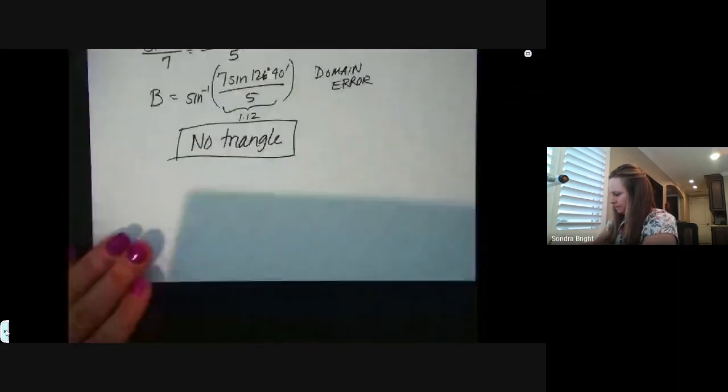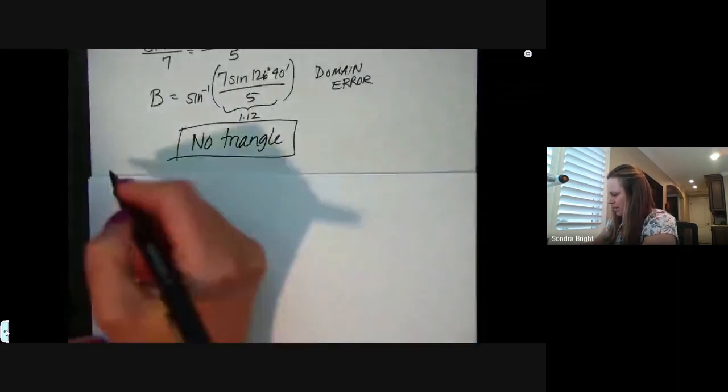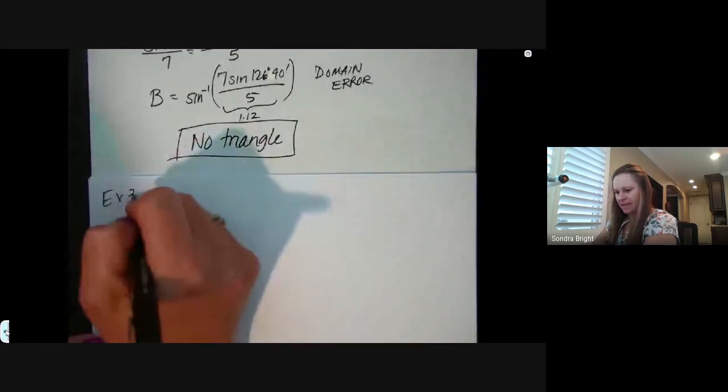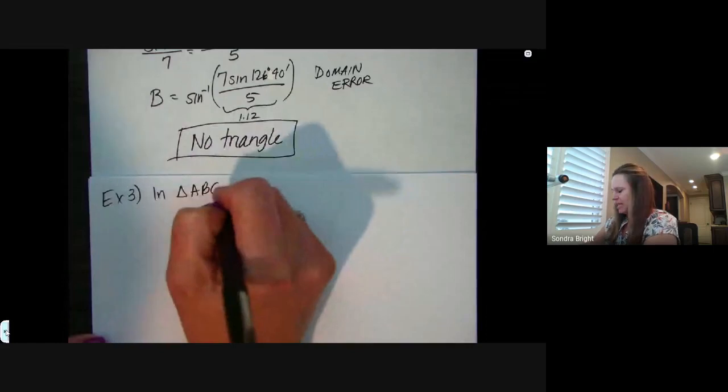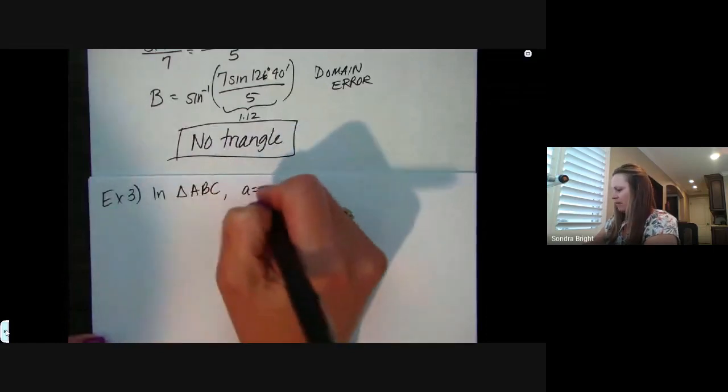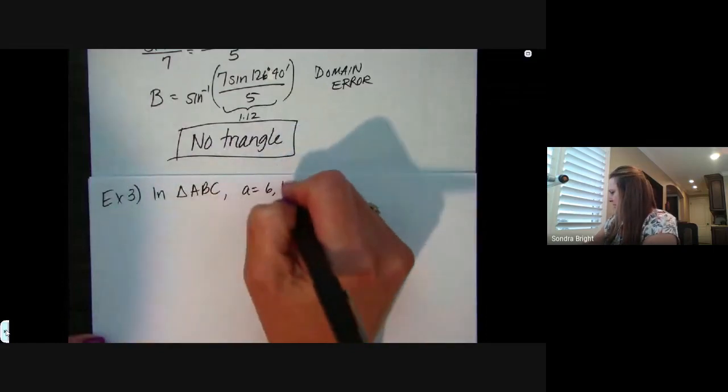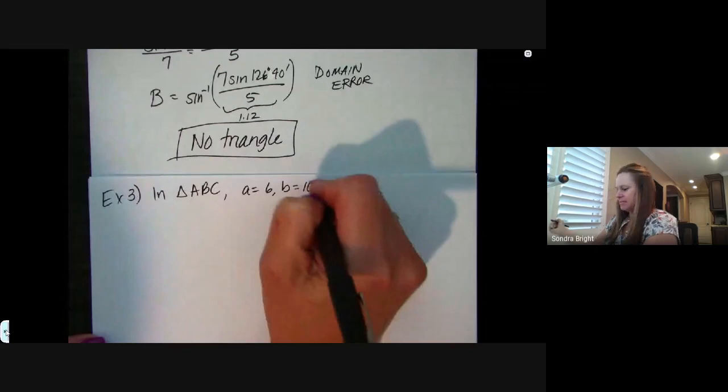The last one. In triangle ABC, let's say side A is 6 and side B is 10, and the measure of angle A is 31 degrees and 10 minutes. Let's find the missing parts and the area.